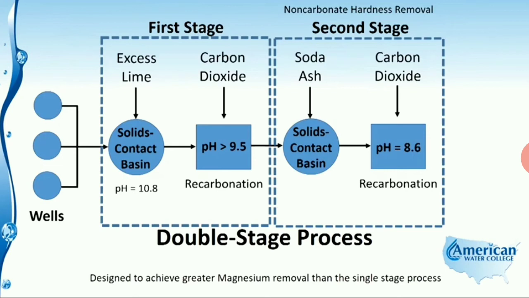So the first stage is removing the carbonate hardness, and the second stage is intended to remove the non-carbonate hardness, and that's why we add the soda ash. We then recarbonate to get our pH down to the 8.6 range, and then again it goes off to filtration and then disinfection and off to the system.